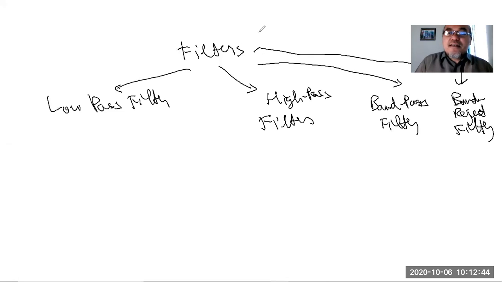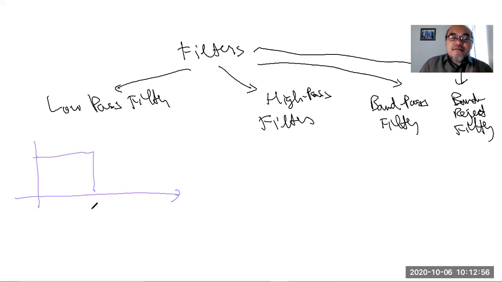In a low pass filter, as the name implies, it passes frequency at low frequency. So what we have is something like this, where the cutoff frequency is where it stops the frequency higher than that cutoff frequency. This is what we call the pass band. The y-axis is amplification, while the x-axis is the frequency.